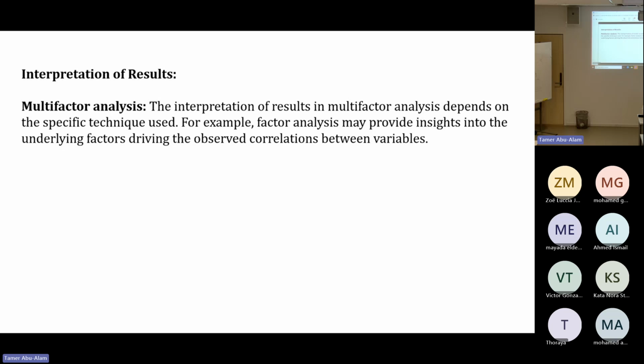So if you have a data that include 100 variables, it will be so difficult to understand the relation between these 100 variables, right? But it will be much easier if you start to analyze these 100 variables into, for example, 4 principal components, and then you can start to understand the relation between these 4 components. Did you get it?